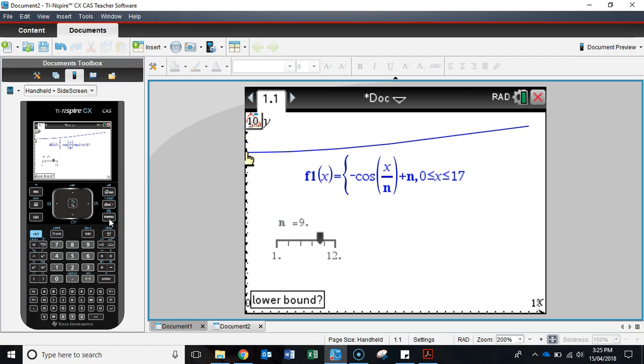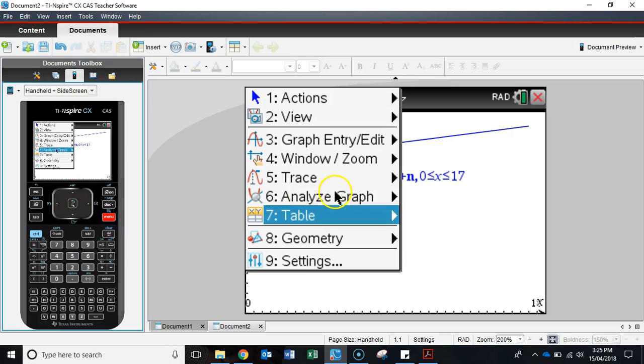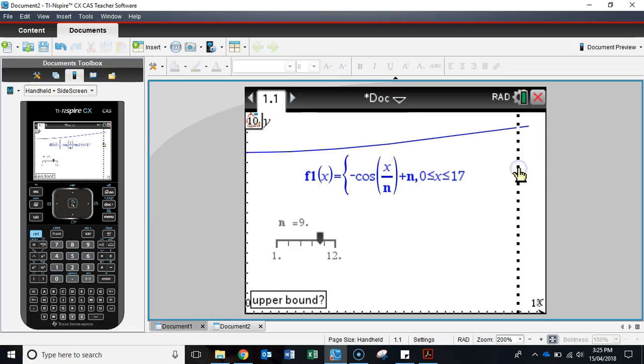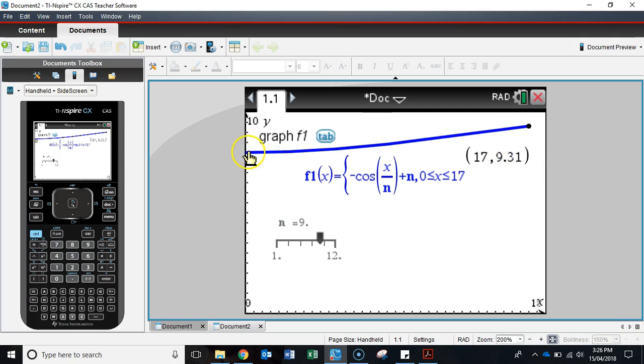We know that because we worked it out before. It's going to work out the maximum value instead. So we know this value is 8 because we worked it out before. This maximum value here at 17 is 9.3, which is close to the required maximum of 9.5.